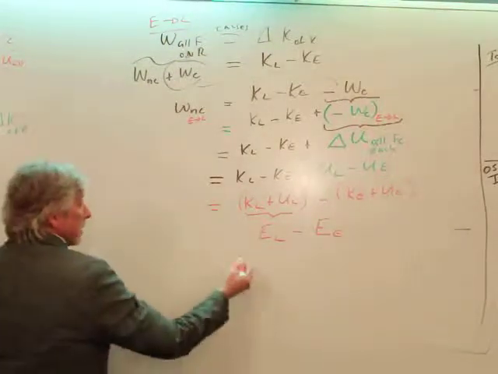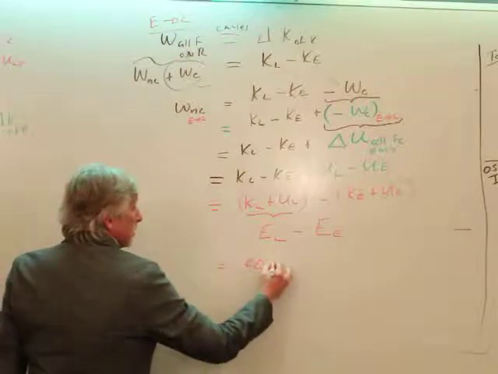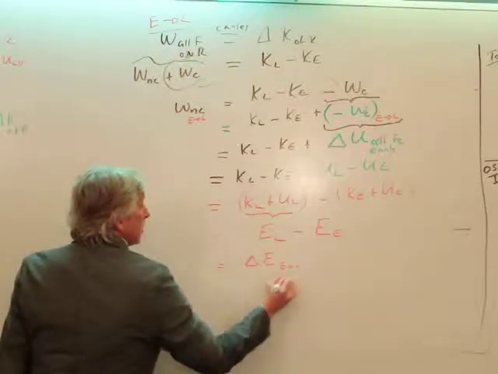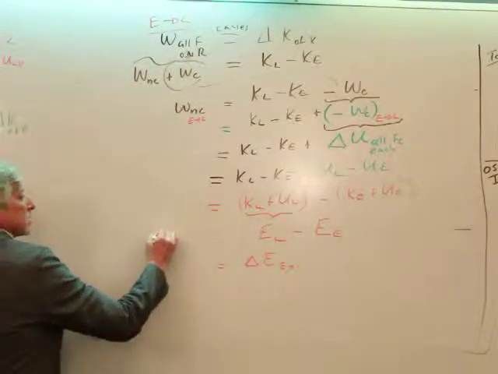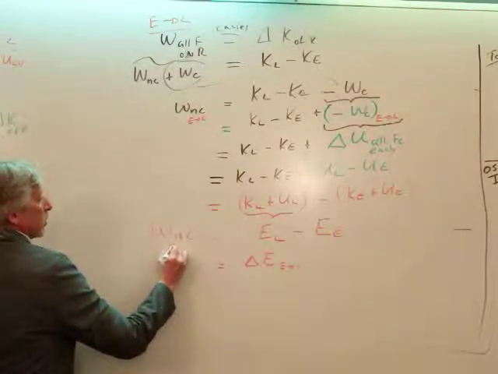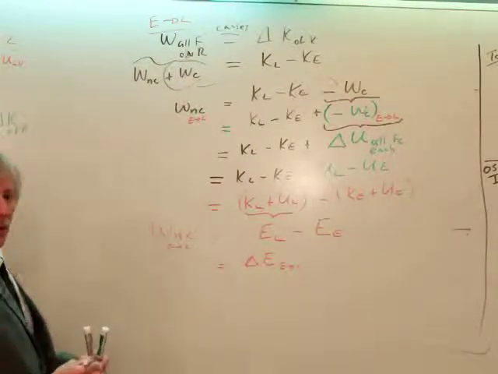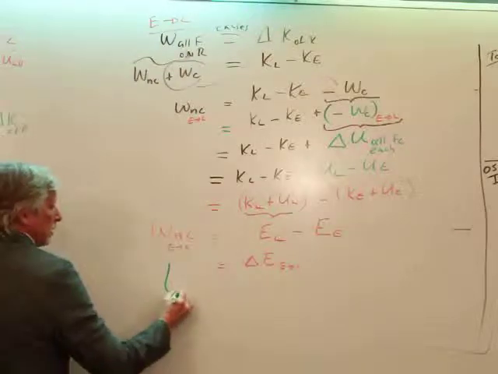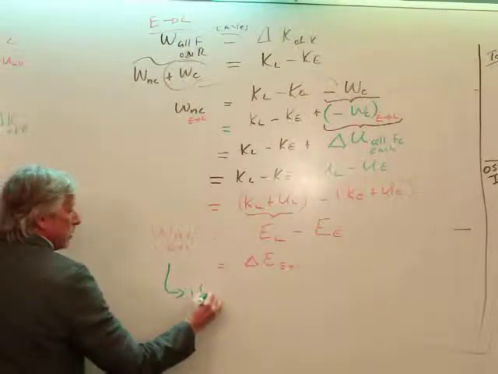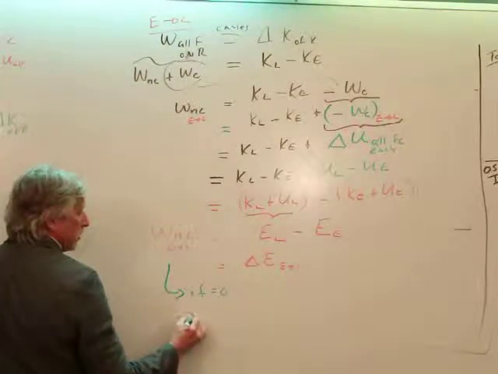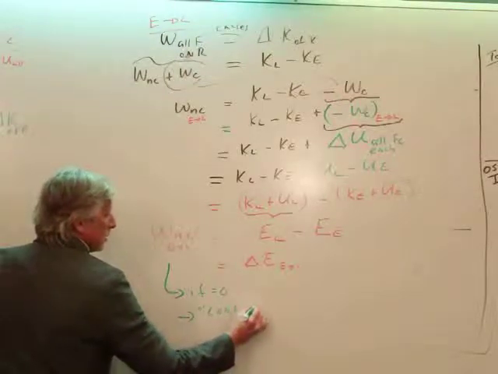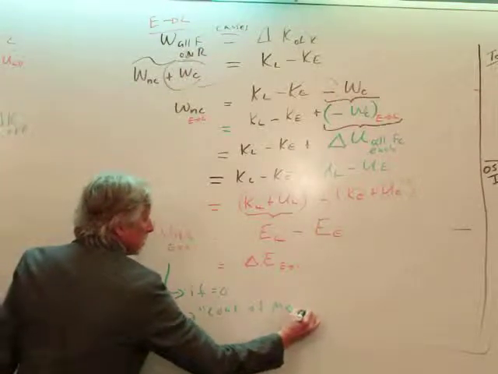Or if you want, delta E. And what's it equal to? It's the non-conservative work from earlier to later. And what's true if that's zero, we have conservation of mechanical energy.